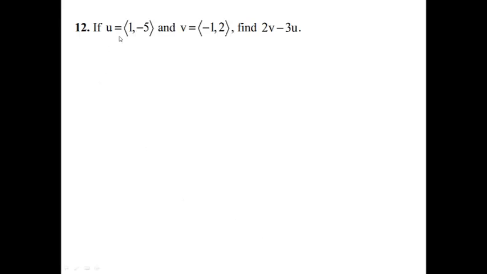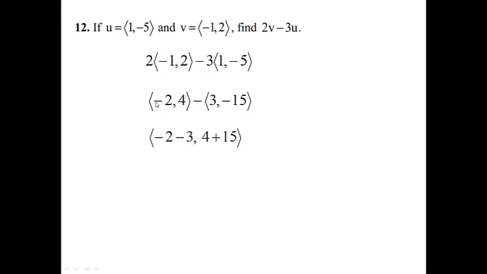Number 12, if u is equal to <1, -5> and v is <-1, 2>, find 2v minus 3u. So 2 times v would be this, minus 3 times u. Doing a little distributing, I get 2 times -1, 2 times 2, and 3 times 1, 3 times -5, which is -15.